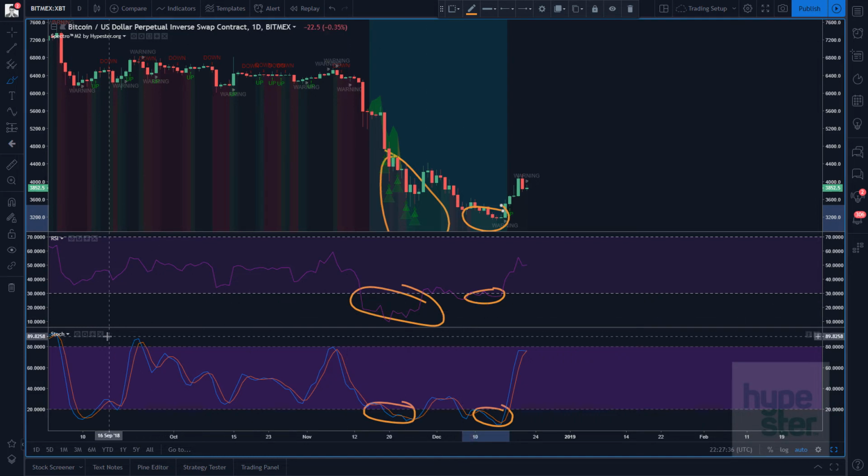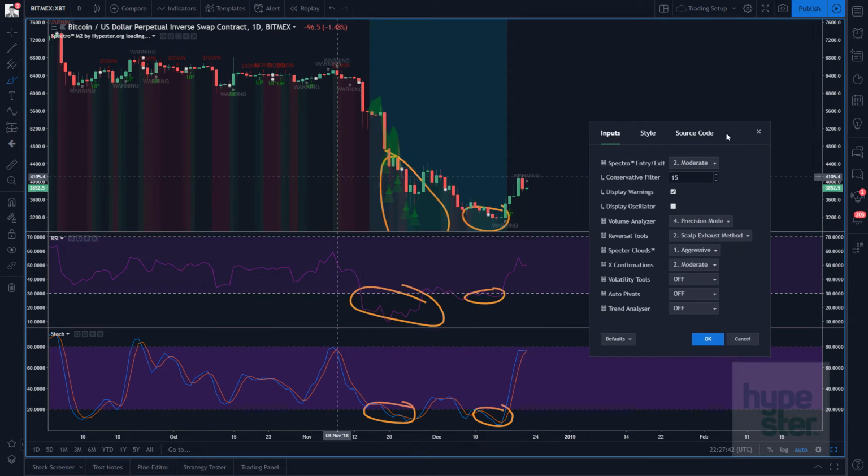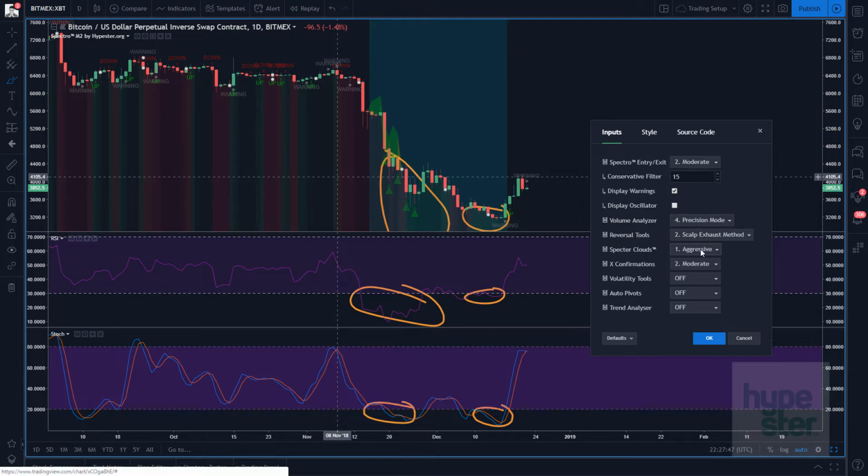Maybe the RSI and the stochastics are, but perhaps some other thing is not. So if we move to moderate, we might see it there. No, not yet. So let's do aggressive. Aggressive probably will show. Yeah, it's starting to show some here. Okay? I don't like to do aggressive because it's just too easy to trigger.